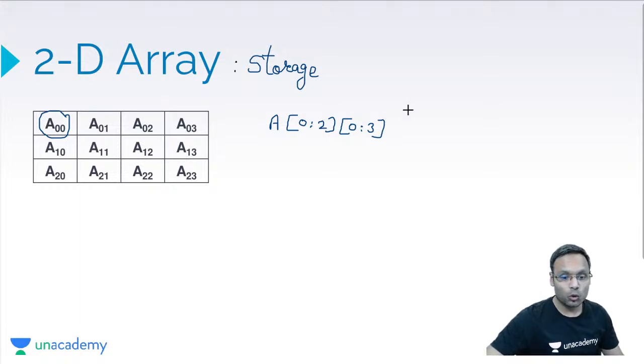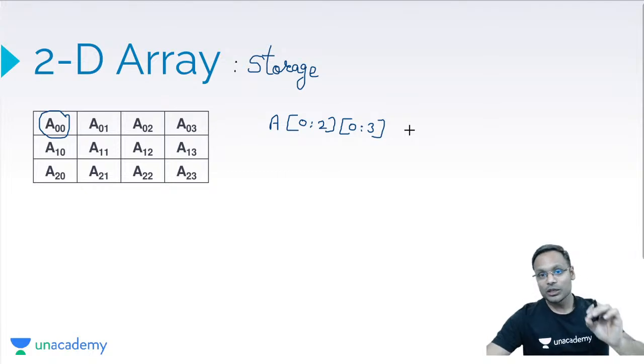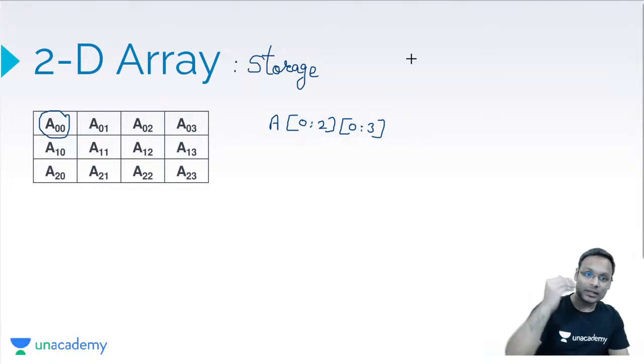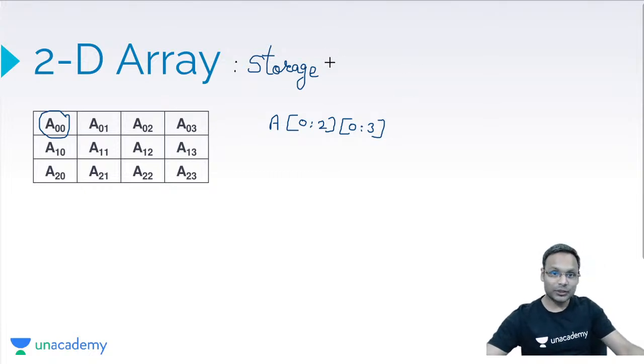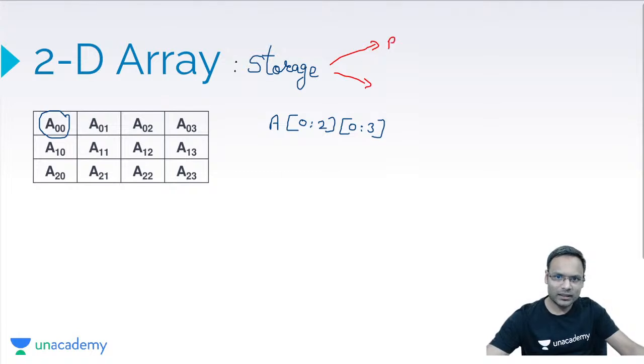Which element to store next: first you store a complete row or a complete column. Based on that, you have two types of storage policies. Tell me the names quickly. Row major order and column major order.